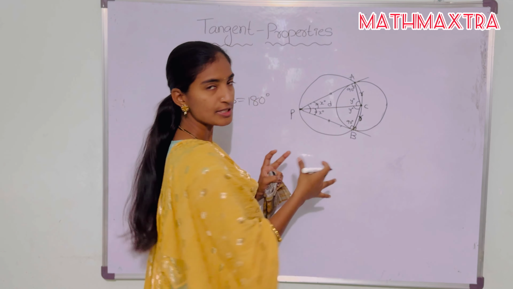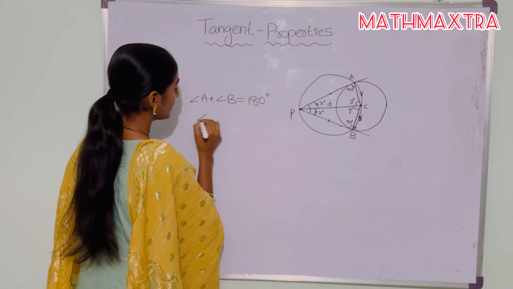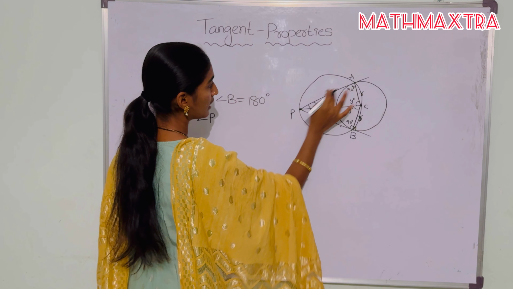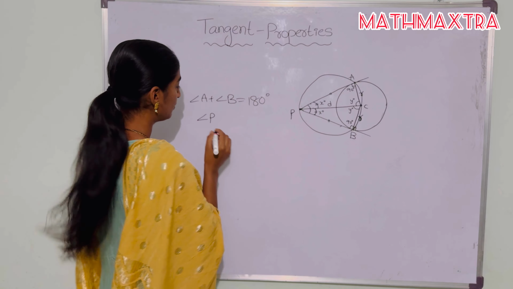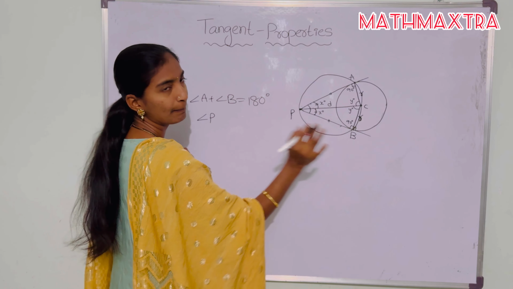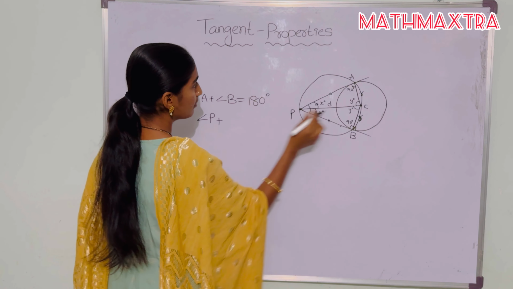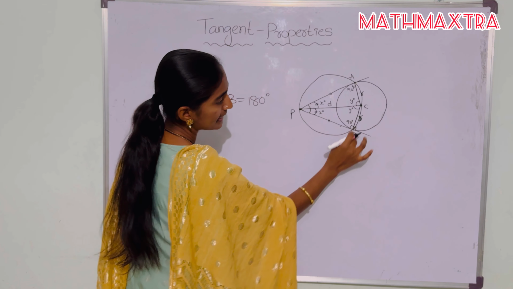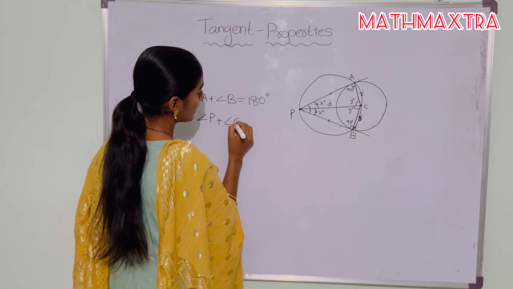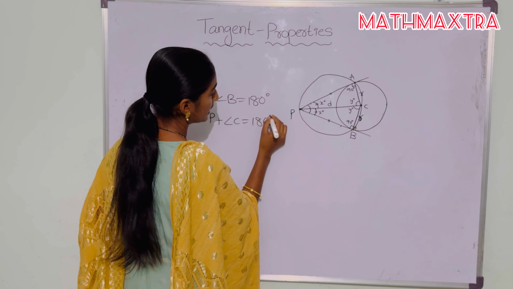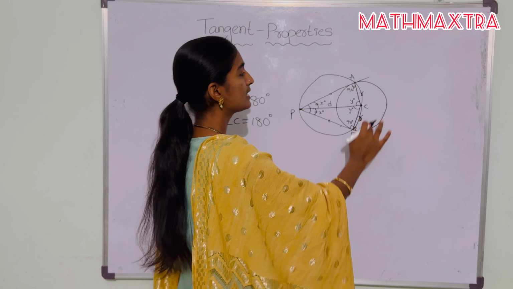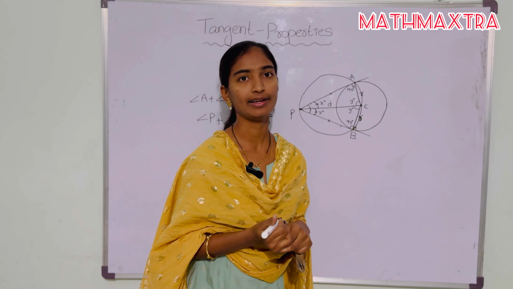So these two angles must be equal to 180, angle P, which is nothing but angle APB, plus angle C, which is nothing but ACB. So angle P plus angle C is also equal to 180 degrees, means this PACB is a cyclic quadrilateral.